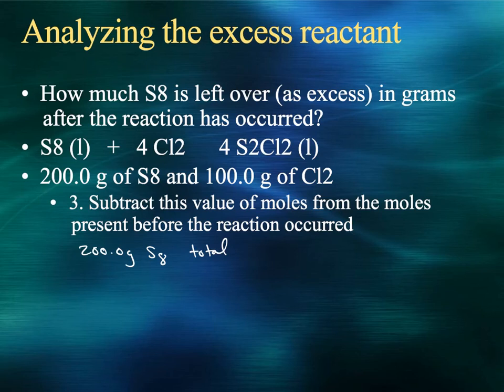So to figure out that one's mass in grams, we're going to take 0.3525 moles of S8, okay, because we're not in grams, and we are going to multiply times its molar mass, which was 256.48 grams for every 1 mole.